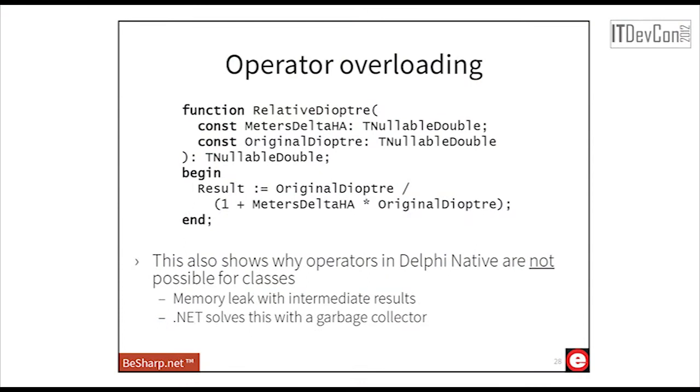This is a calculation for calculating the diopter. The diopter is the strength, the optical strength of glasses or lenses, etc. And you have relative diopter for two lenses that are a certain distance apart. And this code was for a company that makes glasses for wearing.